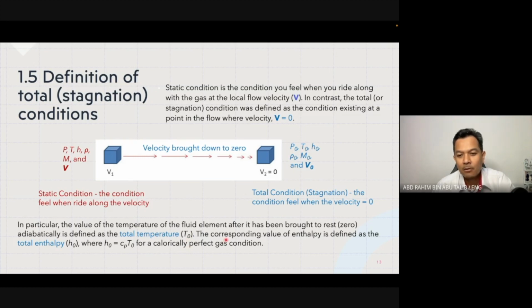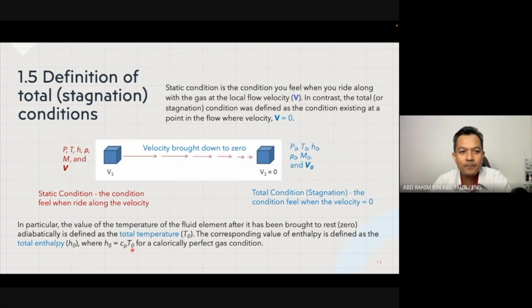The corresponding value of the enthalpy is the total enthalpy, H0, where H0 equals the specific heat capacity at constant pressure times the total temperature T0, for a calorically perfect gas.